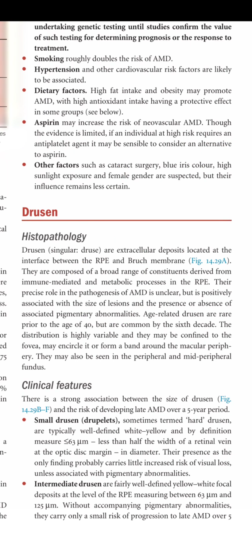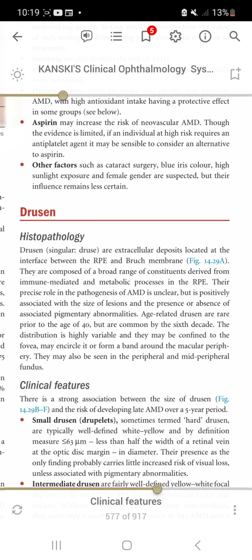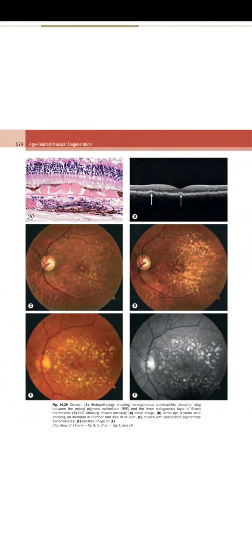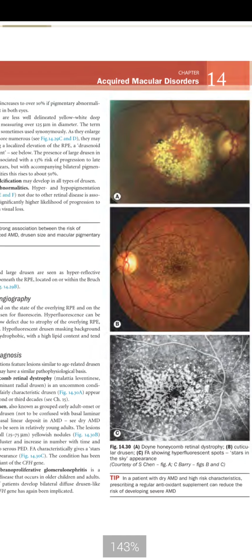So, what are the clinical features of the drusens? There is a strong association between the size of the drusen and the risk of developing late AMD over a 5-year period. So, there are small drusens, which are known as drupelets, intermediate drusens, large drusens, and there can be dystrophic calcification and pigmentary abnormalities.